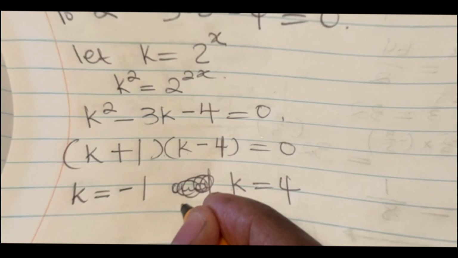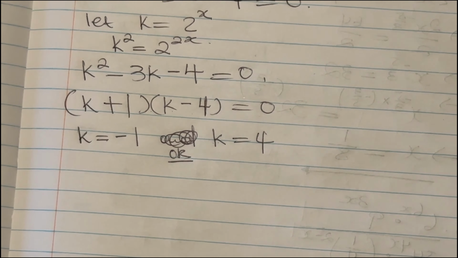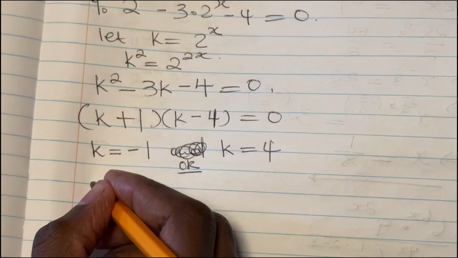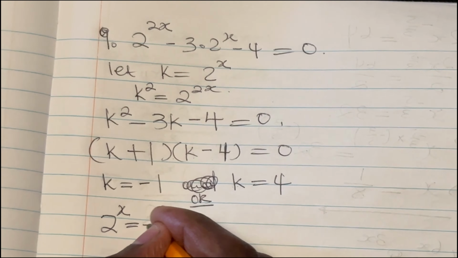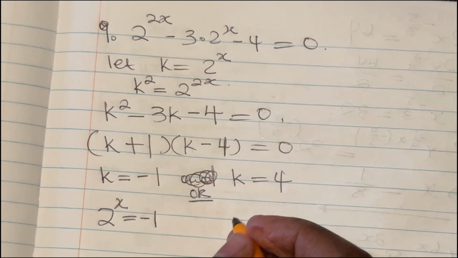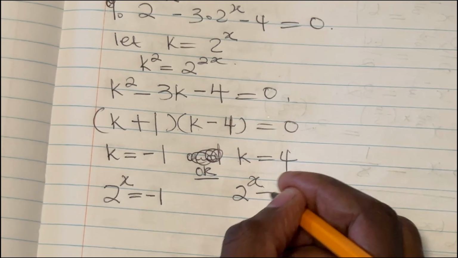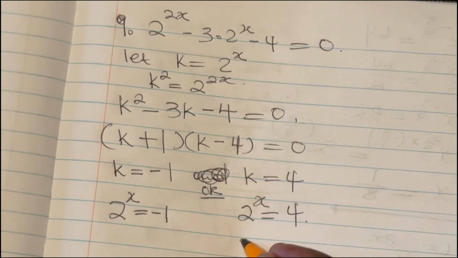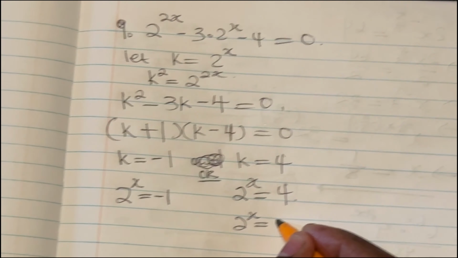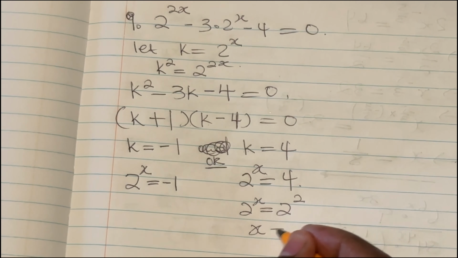It was or here, learners, it was or. So now introducing back your k, remember k is 2 to the power x, it's going to be 2 to the power x equals minus 1, and this side is going to be 2 to the power x equals 4. Simplifying this one, you're going to say 2 to the power x equals 2 to the power of 2. Therefore, x equals 2.